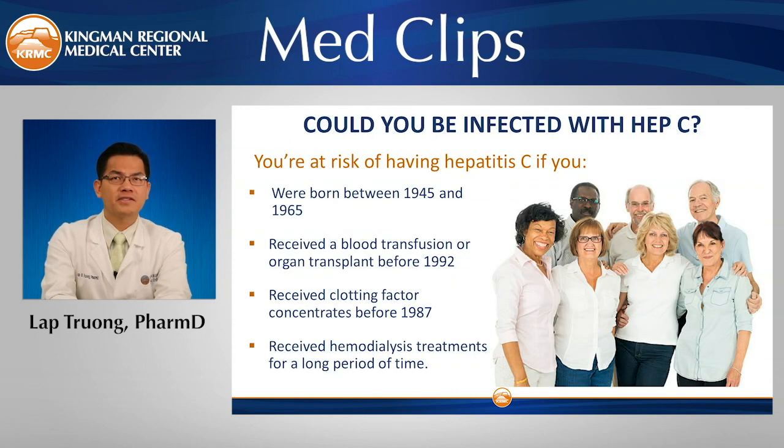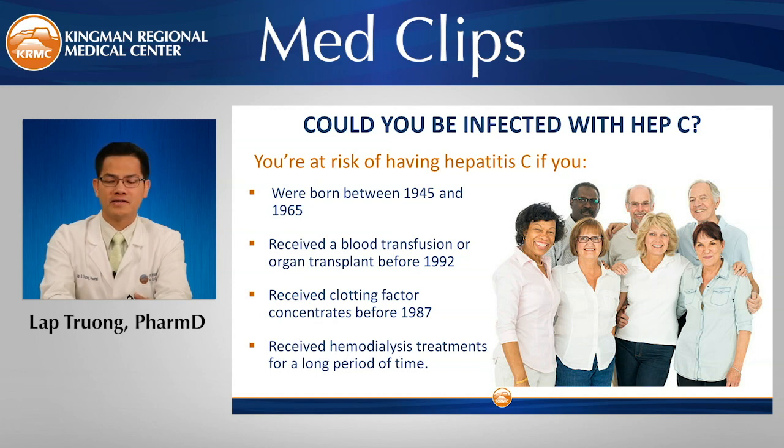So do all of us have the same risk of catching hepatitis C, or who has a higher risk? Examples will be explained. You are at risk of having hepatitis C if you were born between 1945 and 1965. The reason for this was that medical equipment was not sterile like we have now.